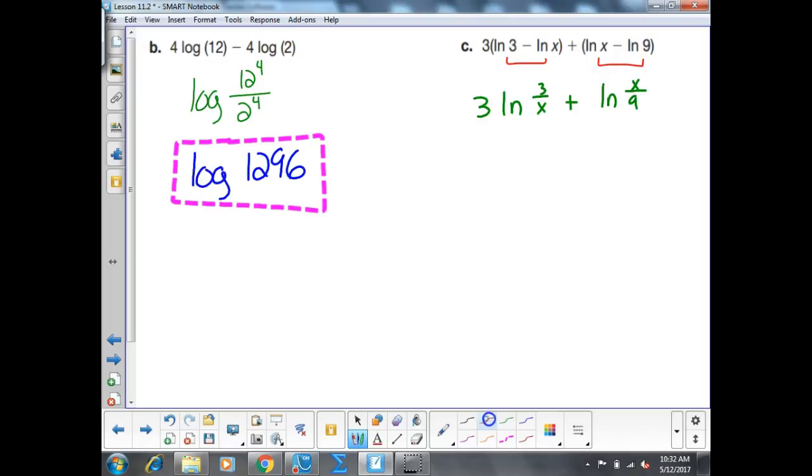Then we got to cube it. So this would become the natural log of 27 over x cubed plus the natural log of x over 9.